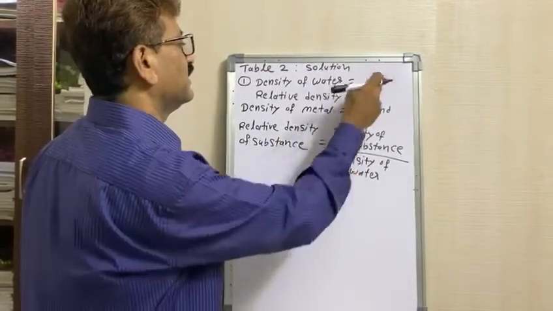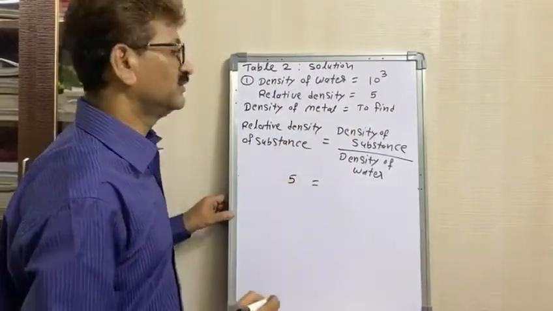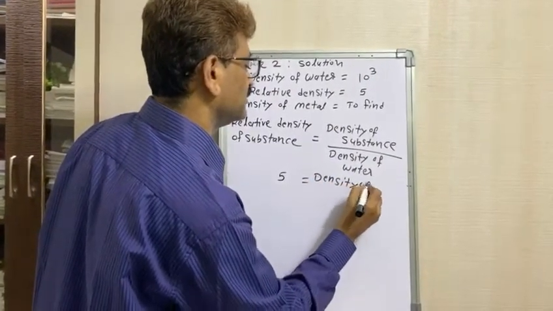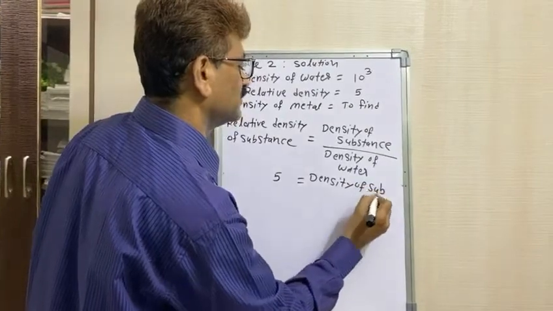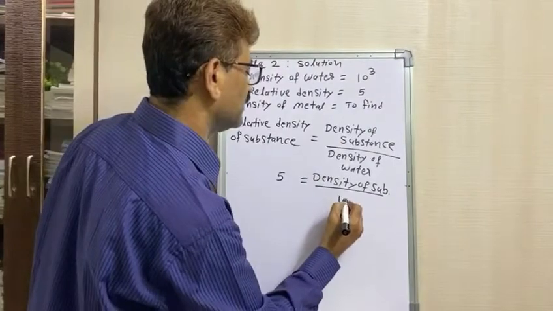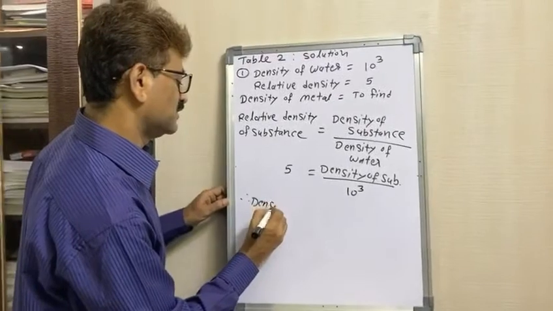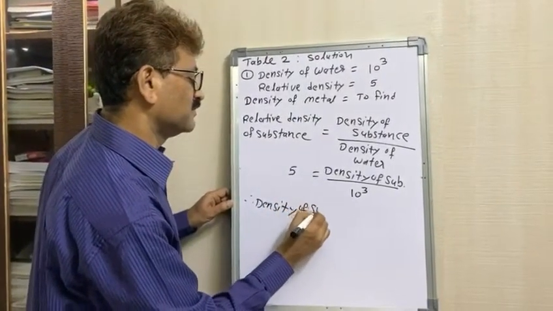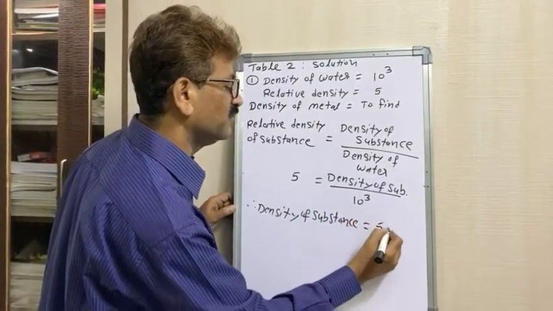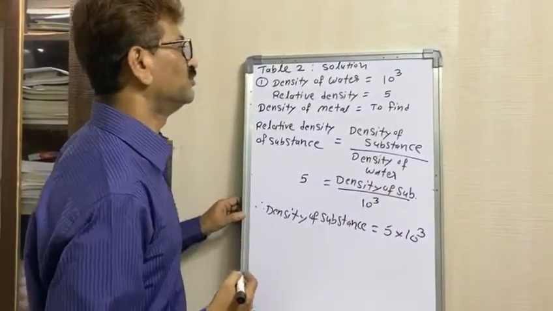Density of water is 10 cube and relative density is 5. So put the value of relative density, 5. Therefore, density of substance equals 5 into 10 cube.